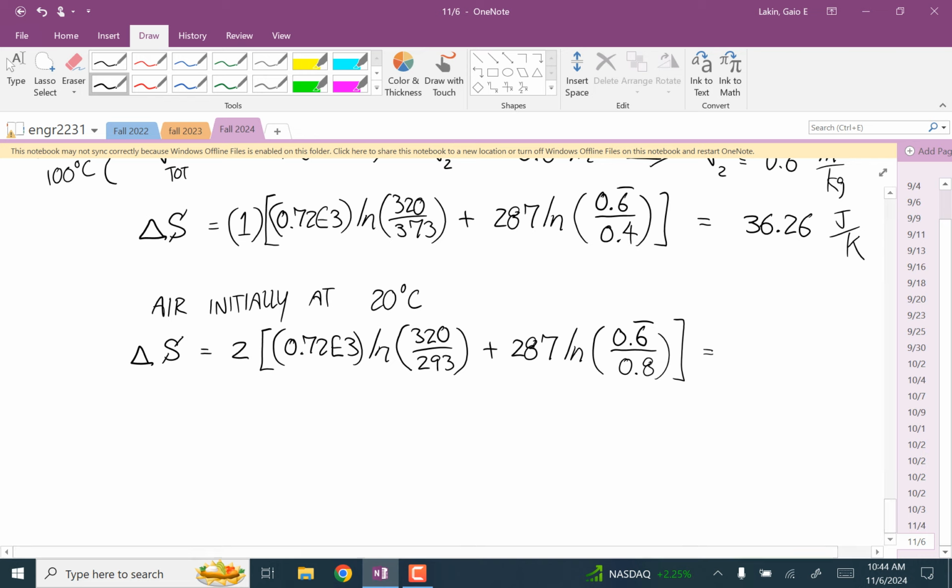So we get 2 times, and I got 22.28 joules per Kelvin.